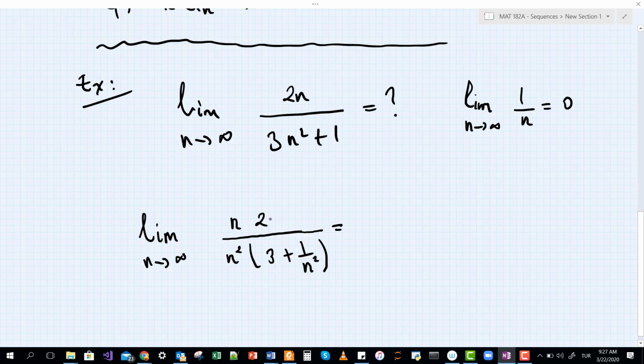What I mean by the common terms: as you see, there are no common terms here, but I noticed that I have n as a common term in the numerator and the denominator. So I can use the common term approach to take the highest degree terms out, so that I can cancel some of the terms, and also I can use this limit.